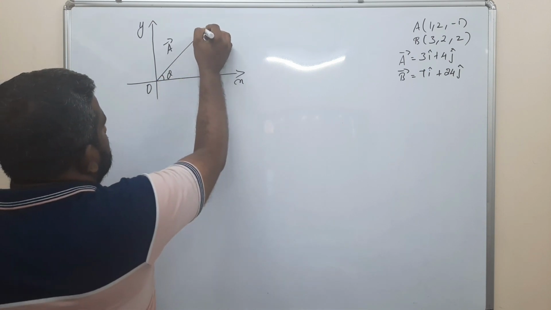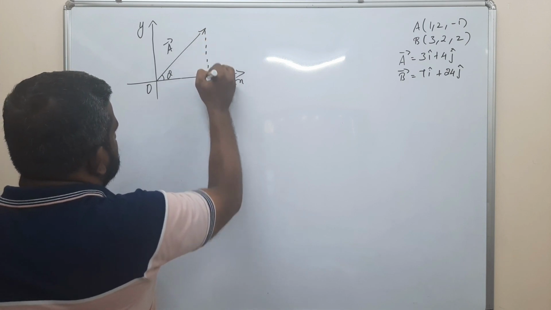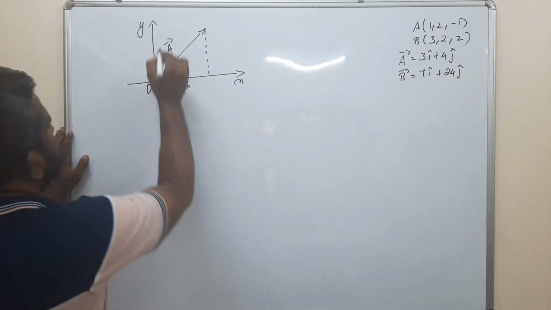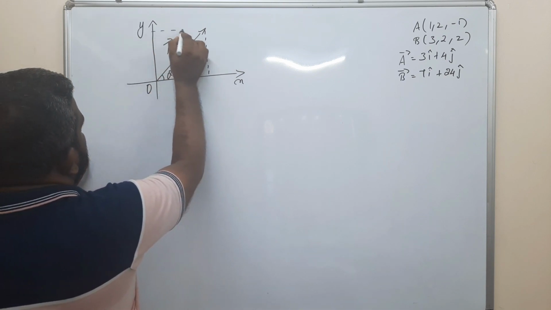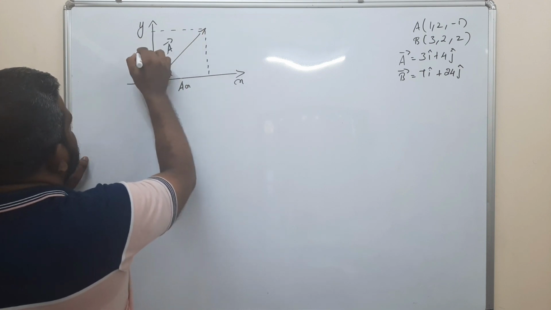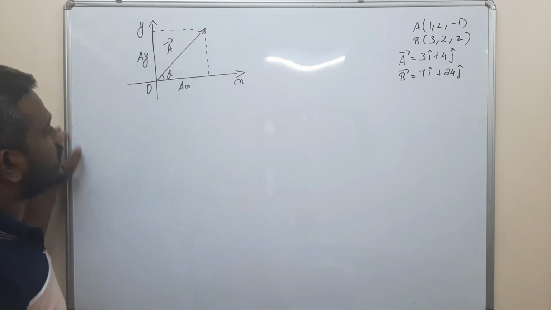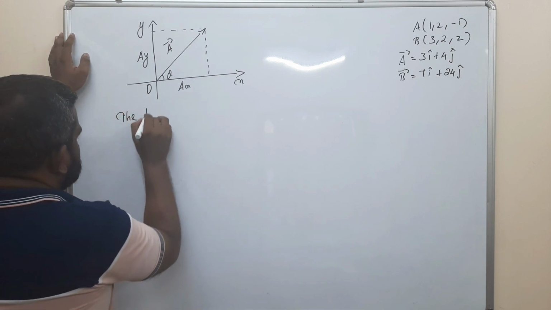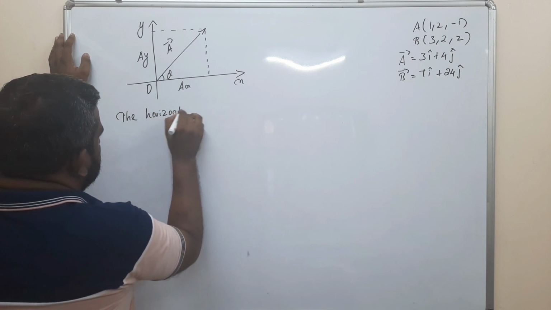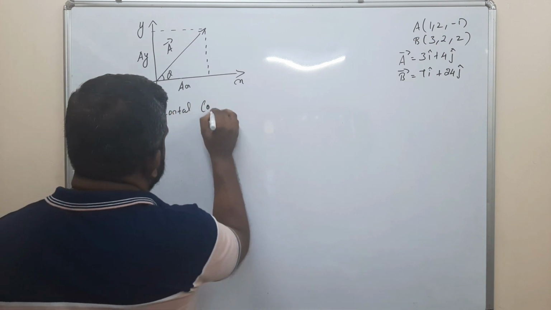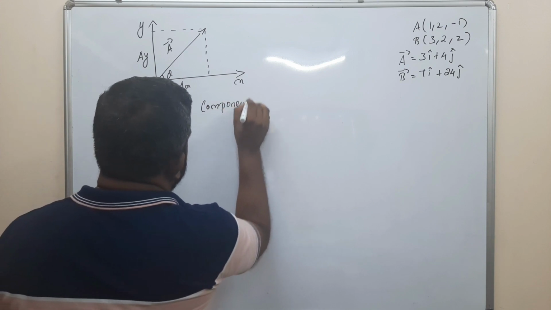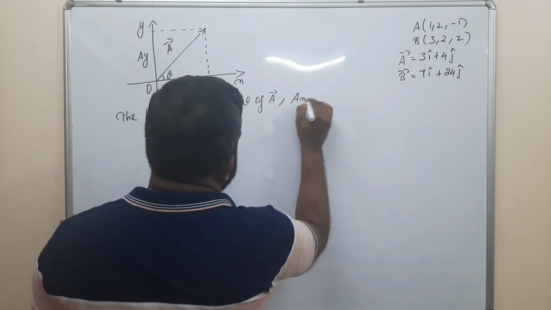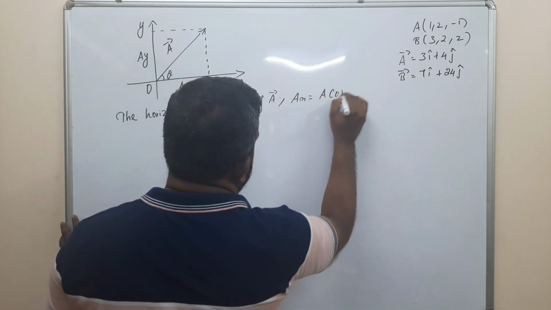What is the horizontal component of this vector? Ax is the horizontal component. What is the vertical component of this vector? Ay is the vertical component of this vector. The horizontal component of A vector, Ax, is equal to A cos theta.